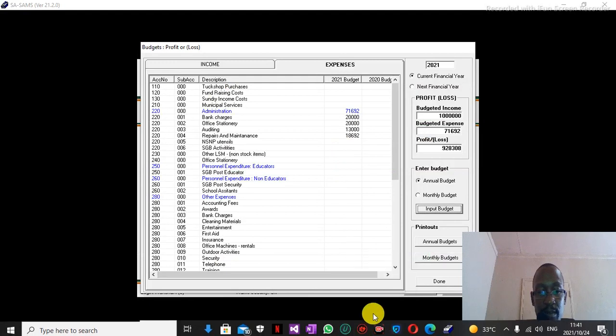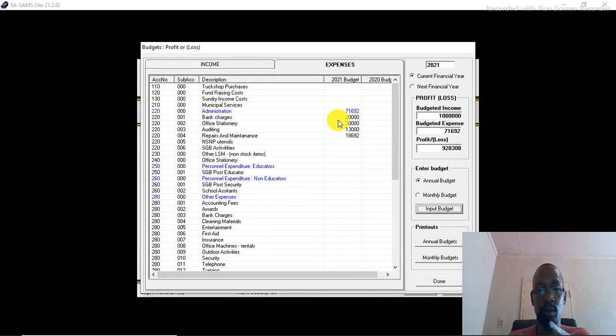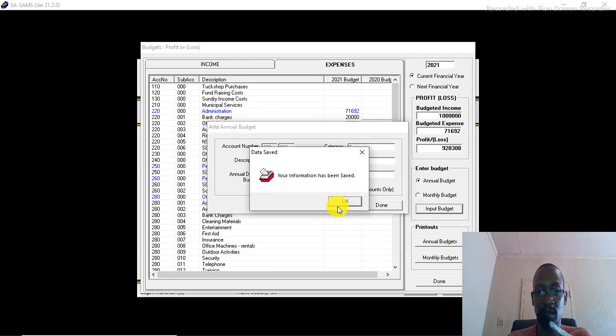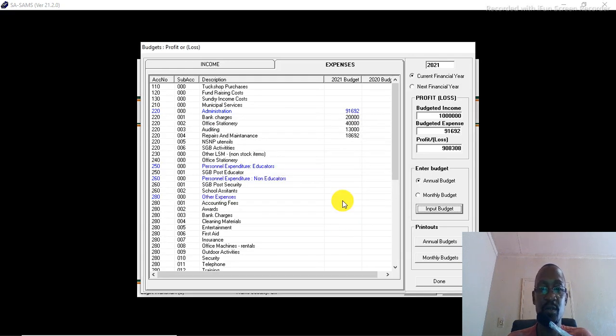And then we'll continue to say, okay, if that is going to cost us 20,000, office stationery, we have $1 million, we are rich. So office stationery might cost us 40,000. This is the 10% for administration, so it must amount to 100,000.